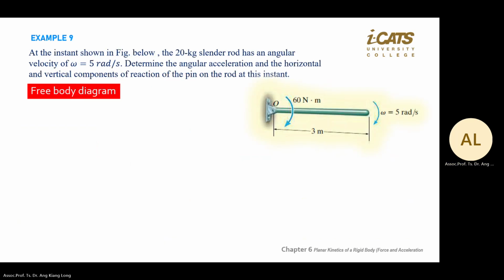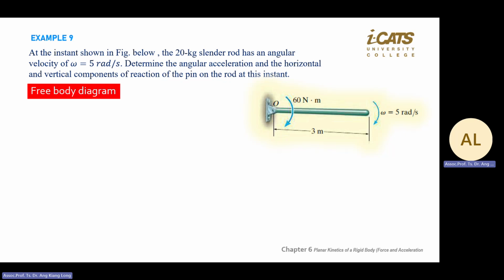This one I go very fast, try to observe. You have an object that is rotating. You're given omega, and you have an external moment, 16 Newton meter. There's an additional moment there. You're given a mass of 20 kilo.